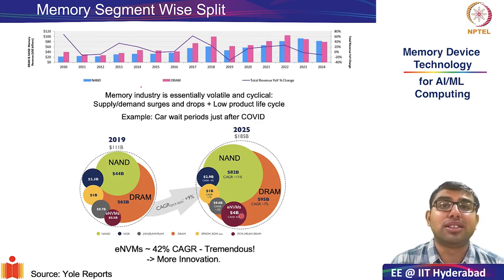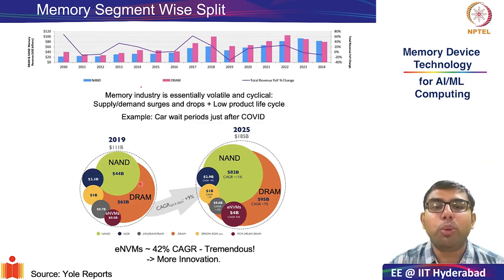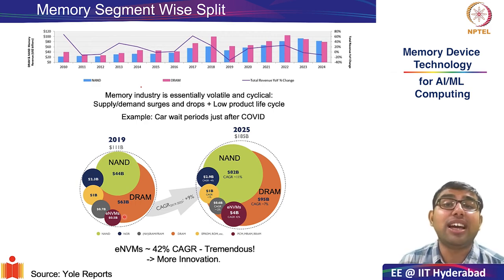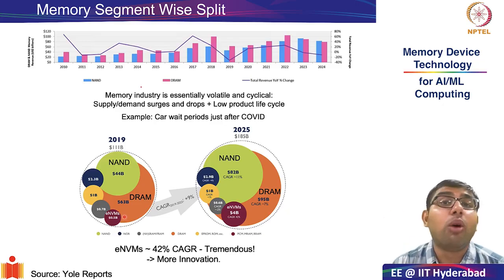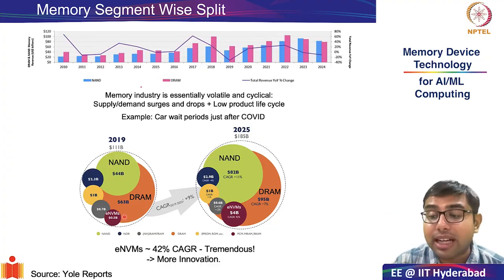So ENVMs, which we are saying is going to be the future, there is a lot of investment and thinking going on for the growth of electronic non-volatile memories or storage class memories, which is expected to bridge the gap between NAND flash and DRAM, right? So you can see what the future is. This is coming because of a lot of innovation, and you have to appreciate that a 42% CAGR means that the segment is doubling every 1.7 years. Now that is quite tremendous.